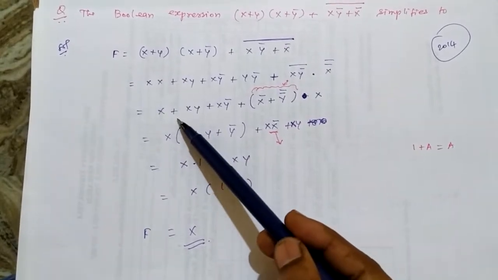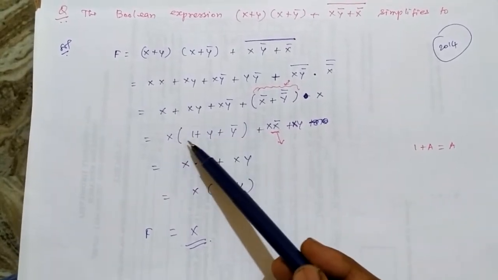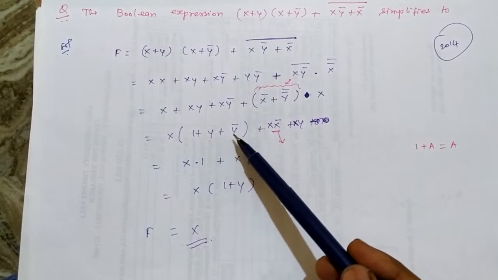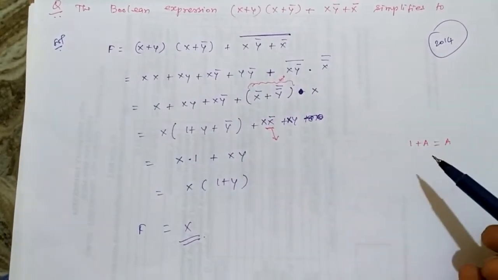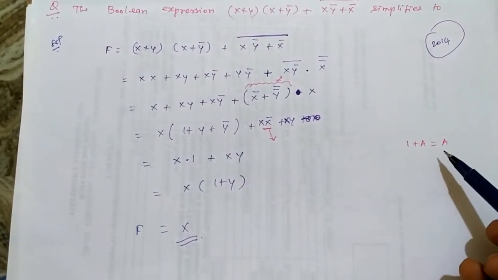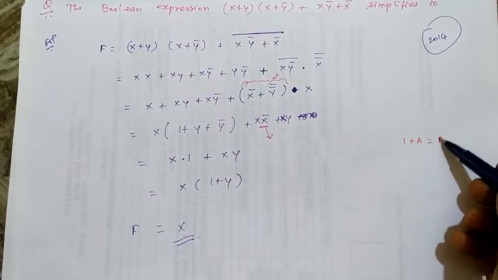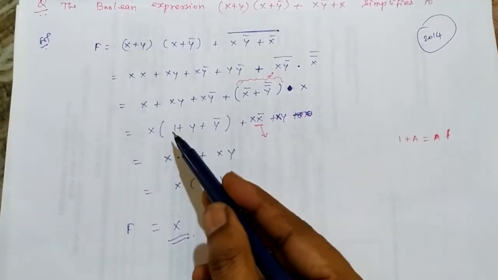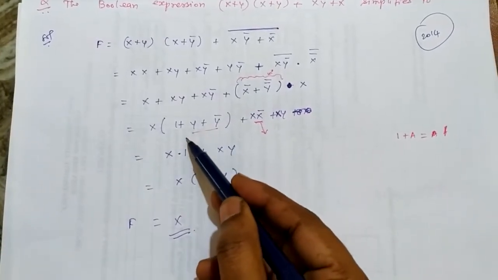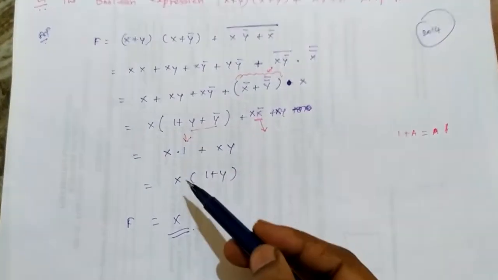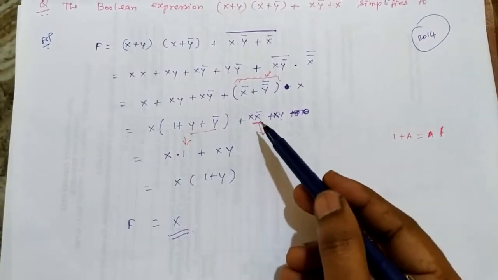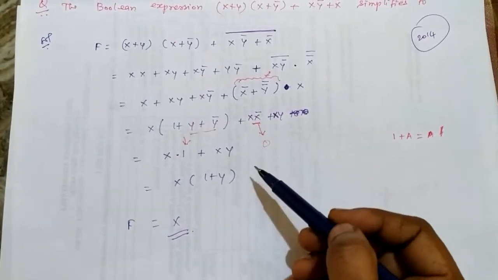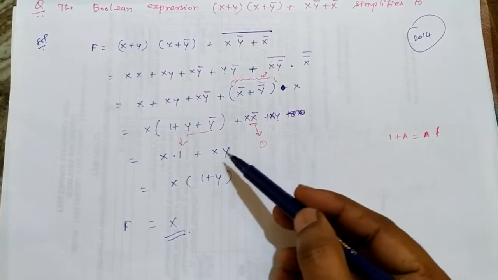Now in this step you take x outside, this becomes 1 plus y bar. Now 1 plus a is equal to 1 always. 1 plus anything is always 1. Now here this x bar x becomes 0, so no need to consider that.